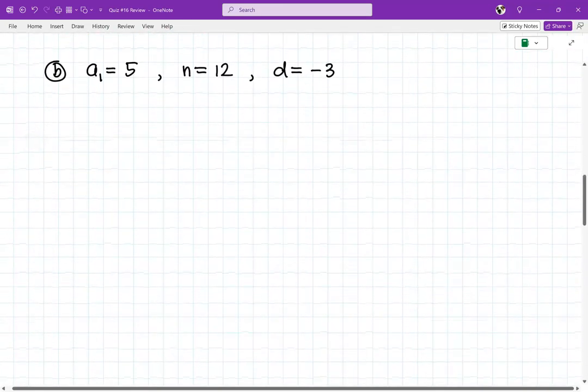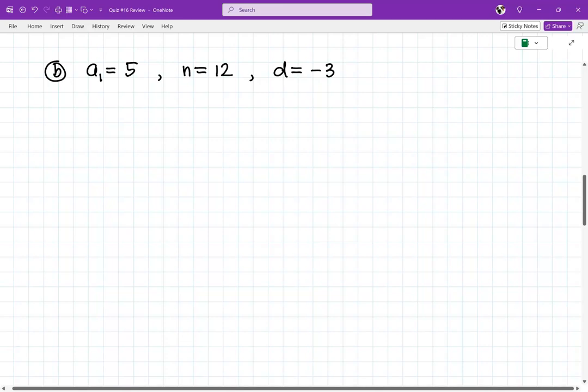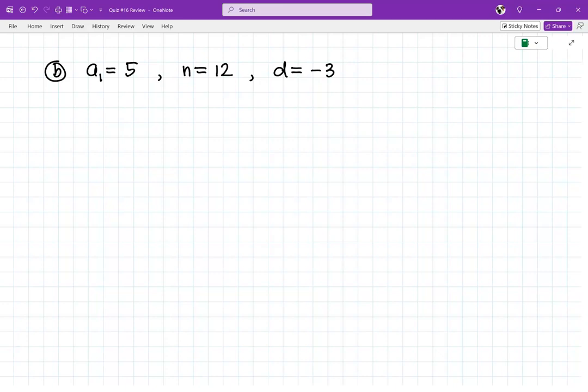But part B is a little different. For part B, I gave you a sub 1, I gave you n, but not a sub n. I gave you the variable for d. So if you have the variable d, then you've got to use a separate equation, which is the second one: S sub n is equal to n over 2 times (2 times a sub 1 plus (n minus 1) times d).